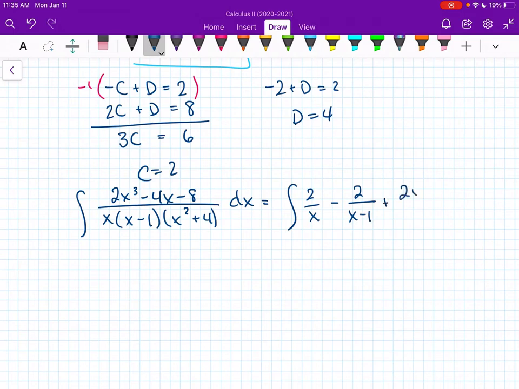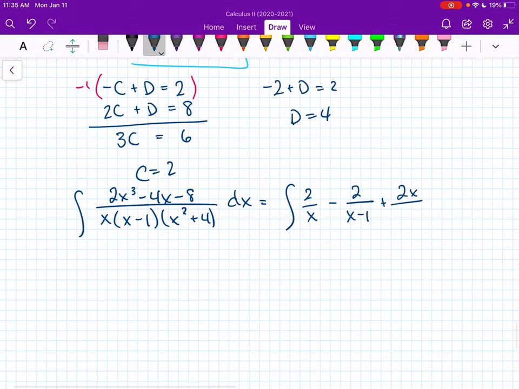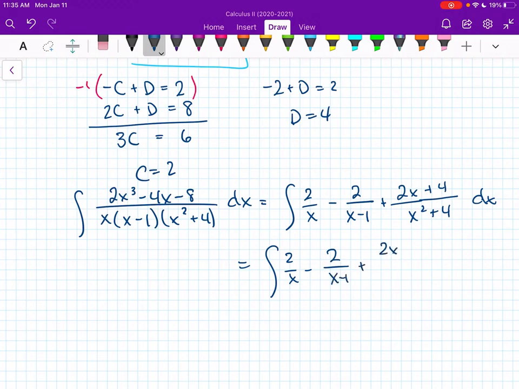And then c was 2x, and d was 4, and that's over x squared plus 4. And then I can split that last fraction up even more if I wanted to. So I could put it as 2x over x squared plus 4 plus 4 over x squared plus 4, and that's going to make it a little easier to solve as well.